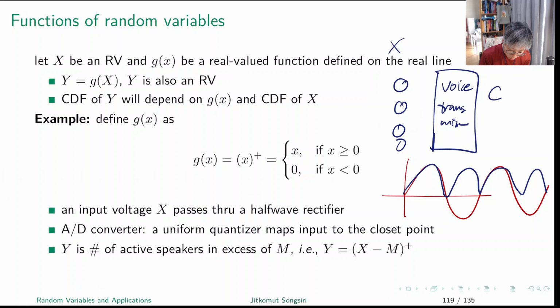So you can represent y as a function of x as the positive part of x minus m, and this is positive thresholding. It means that it can only carry the active speakers up to m speakers.